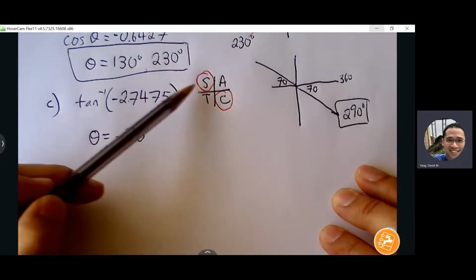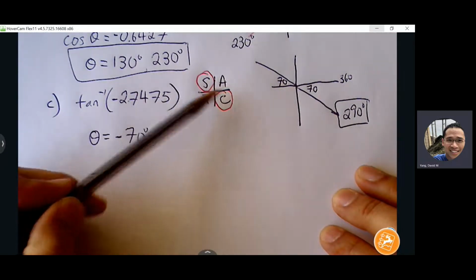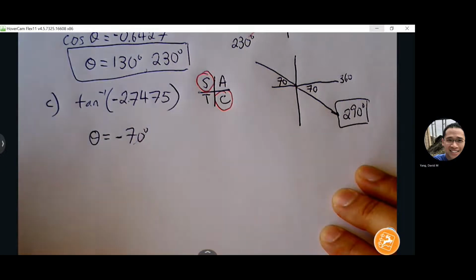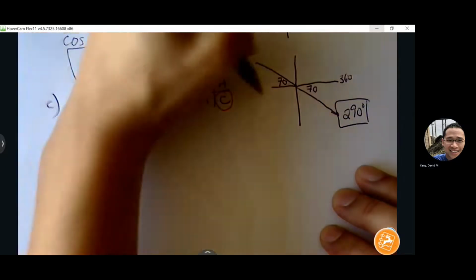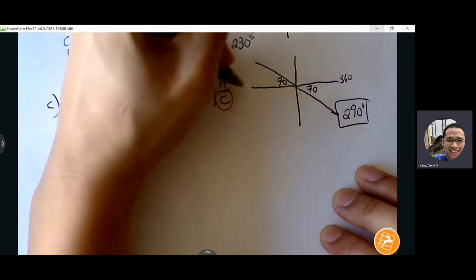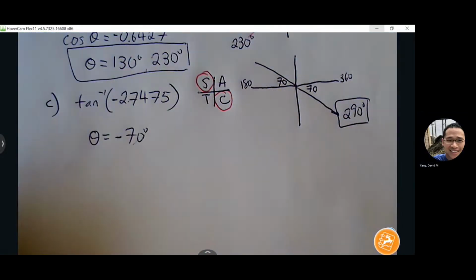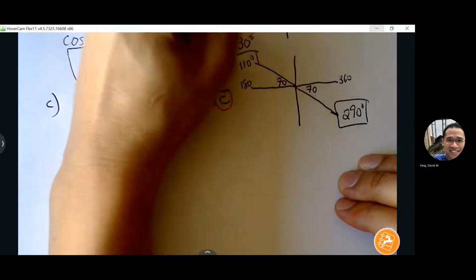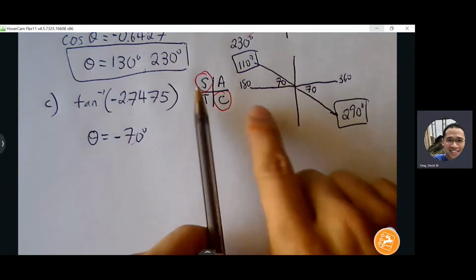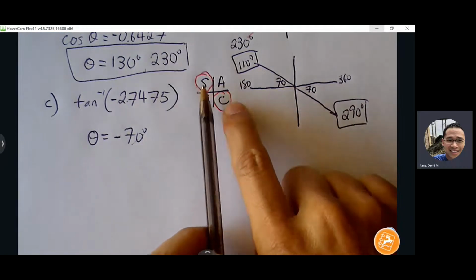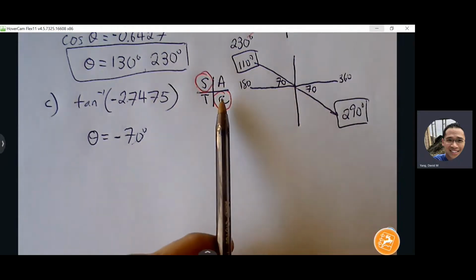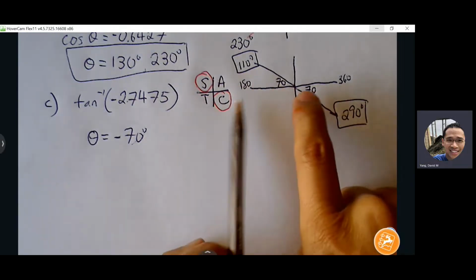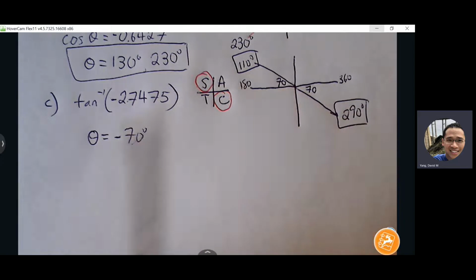And how do I find a second quadrant measure that has a 70-degree reference angle? Good. 180 minus 70. There we have it. We're looking for two degree measures between 0 and 360 in the second and fourth quadrants, and we want them to share the same reference angle. So 110 and 290.